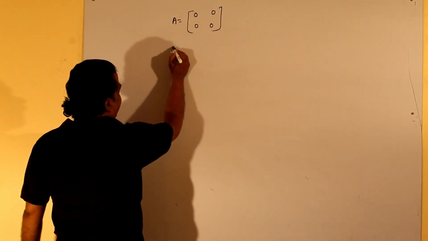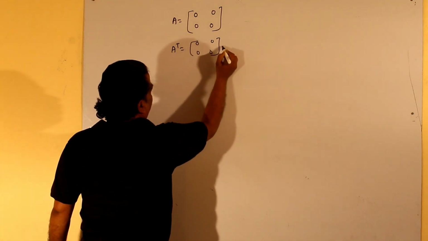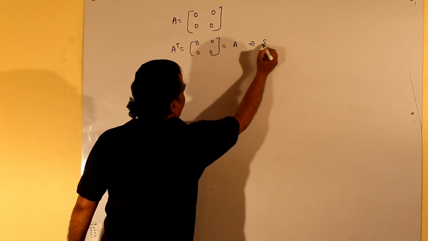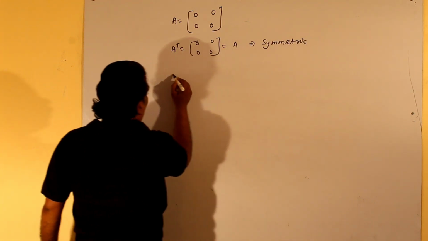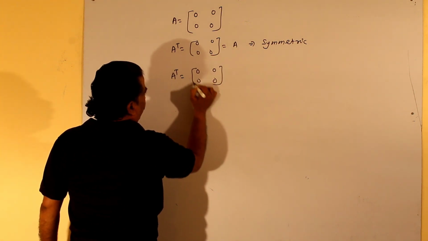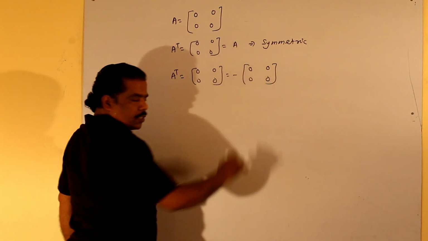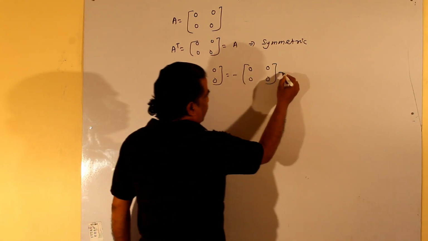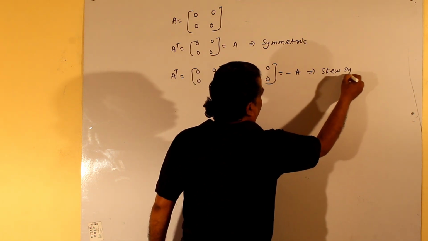Here A transpose is equal to 0, 0, 0, 0, which is equal to A. So it is symmetric. Now A transpose is 0, 0, 0, 0. We can also write minus 0, 0, 0, 0. As minus 0 is equal to 0, that is equal to minus A. So it is skew symmetric.